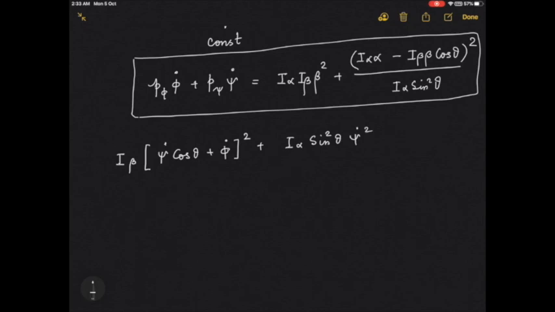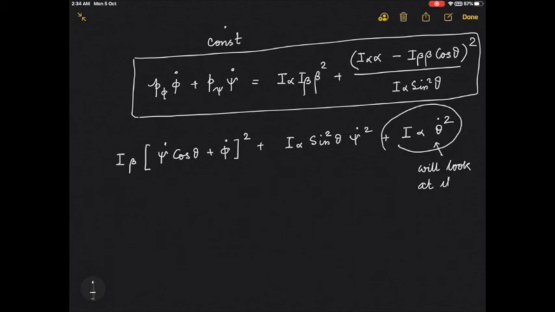Now here also I need to replace all phi dot, psi dot, etc. The Lagrangian also had another term, theta dot square, which let me write down here. But this term we are not looking at right now. We are only looking at these two terms.